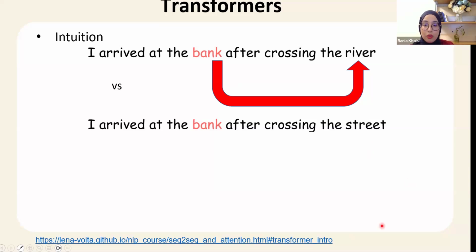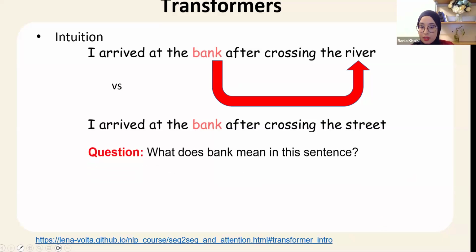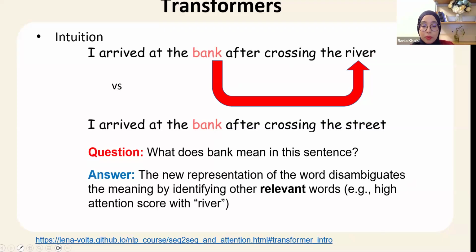So again, with this completed sentence, we ask the same question. What does the word bank mean in this context, or in this context? Now the new representation of the word is influenced by the relevance and also by the impact of the surrounding tokens.